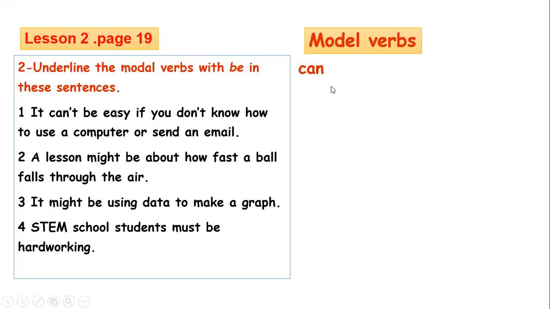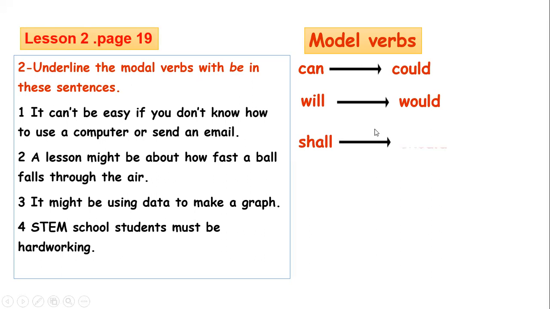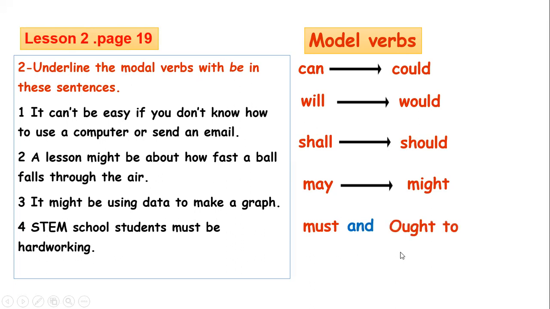The past of can is could. Will. The past is would. Shall. Should. May. Might. Must. And ought to. So these are the modal verbs.